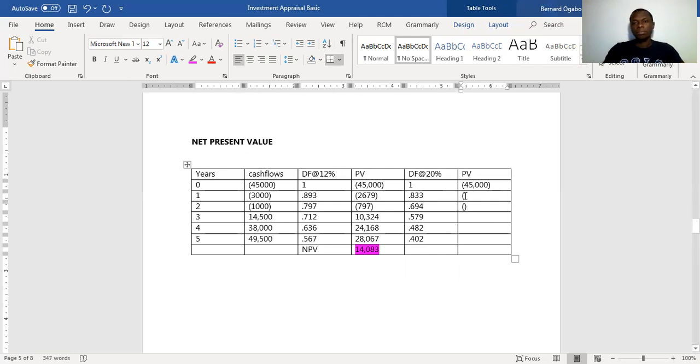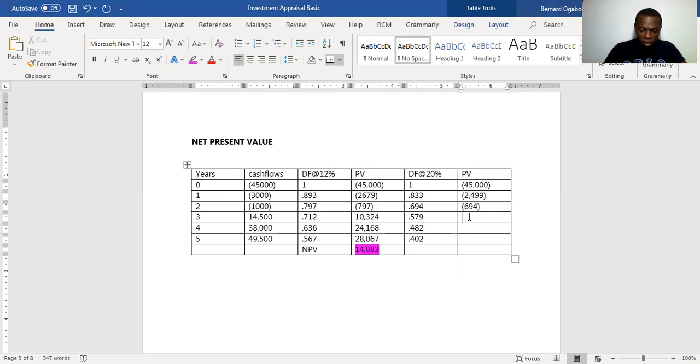So I have 0.833 times 3,000 negative. That gives me 2,499 negative. I have 694 negative.